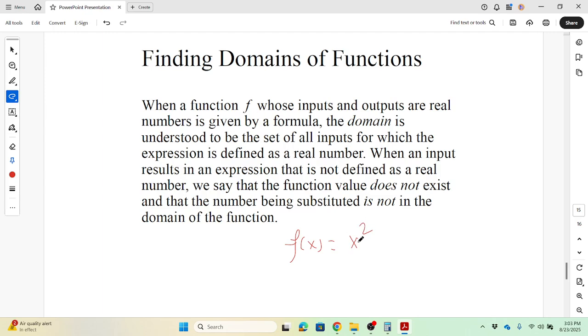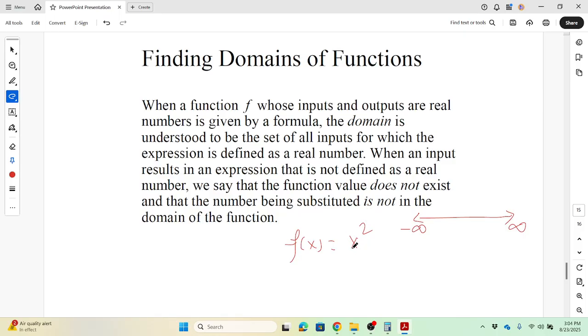Is there any restriction for me to pick the value of x from the real numbers? Real numbers means from -infinity to +infinity. Am I allowed to pick the value of x from anything from -infinity to +infinity? If the answer is yes, the domain is all real numbers. If I do have any restriction, then those restrictions are not supposed to be part of the domain.